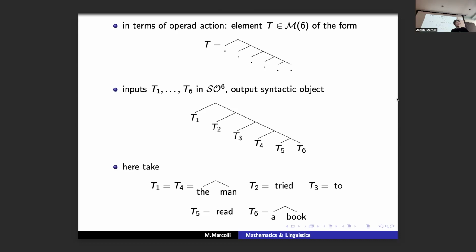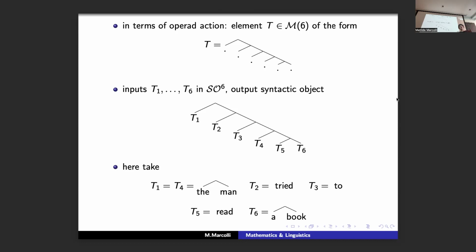In the sense that I have a substructure which reflects a complete phase, the man reads a book, and that's a complete substructure. And then there's another one, the man tried, which is a complete substructure in itself.